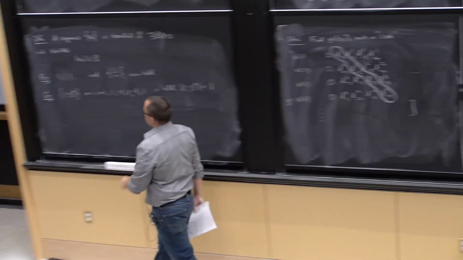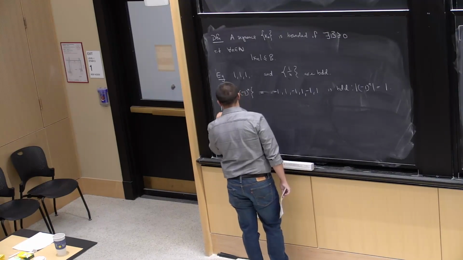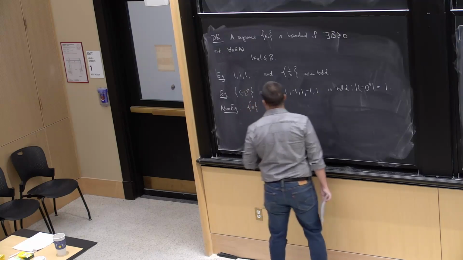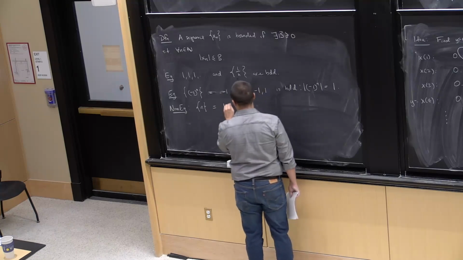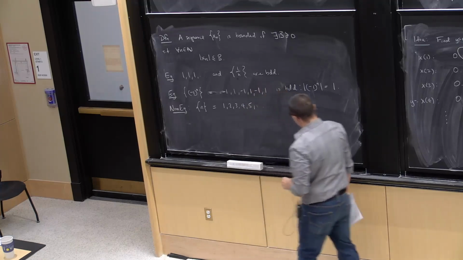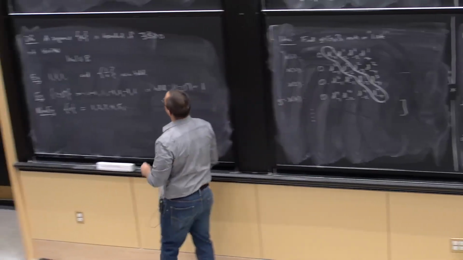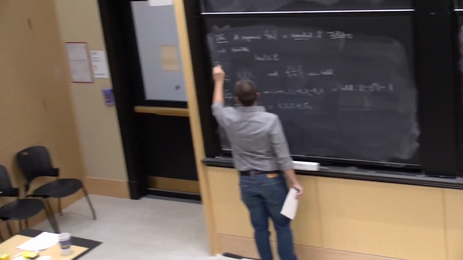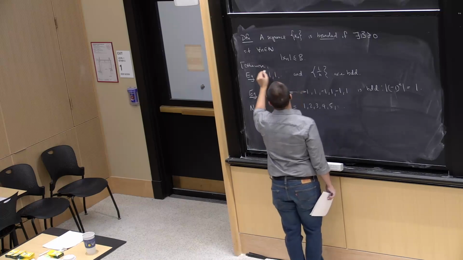So what's a non-example? The sequence n, in other words, this is the sequence 1, 2, 3, 4, 5, and so on. Now, this is not bounded, and otherwise I'll refer to x sub n as unbounded.